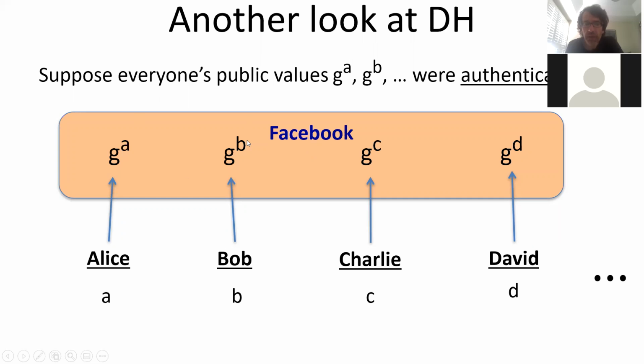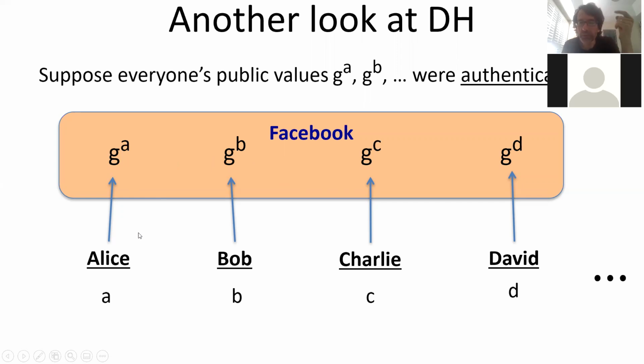So somehow Facebook must authenticate these people, and when they send the contribution, it's Facebook's job to make sure that the contribution that Facebook now is going to sign as Alice's, Bob's, and Charlie's is preceded by these parties authenticating to Facebook and proving that they're really who they claim.